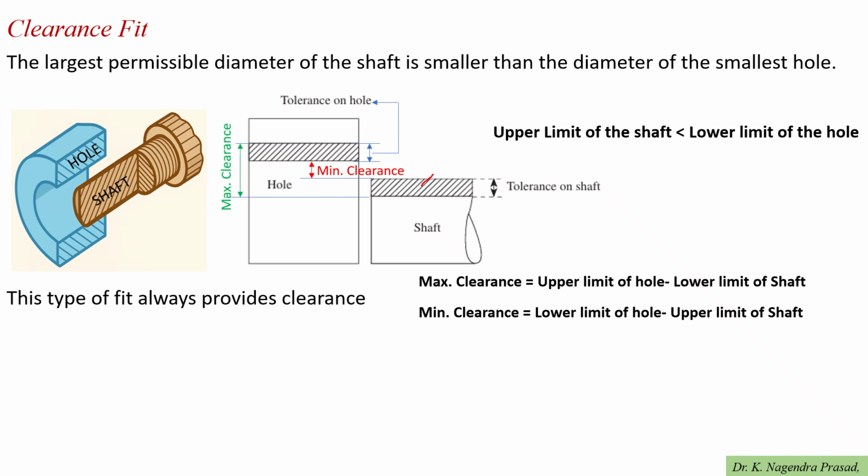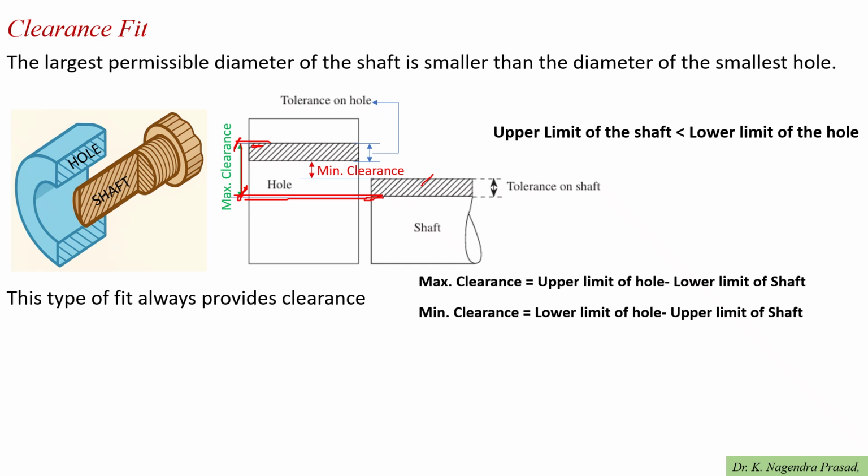Here is the maximum clearance. The amount of maximum clearance is the difference between the upper limit of the hole and the lower limit of the shaft. So upper limit of the hole minus lower limit of the shaft is the maximum clearance.